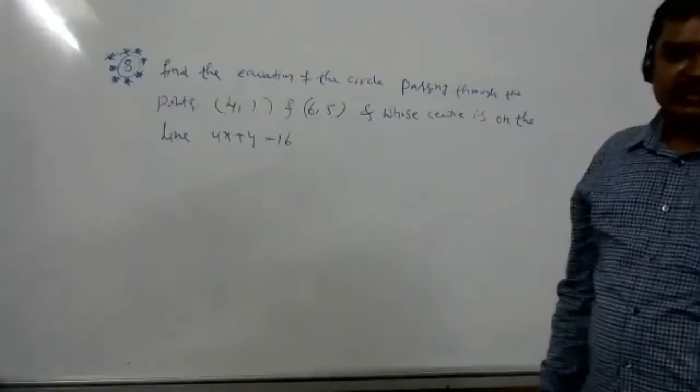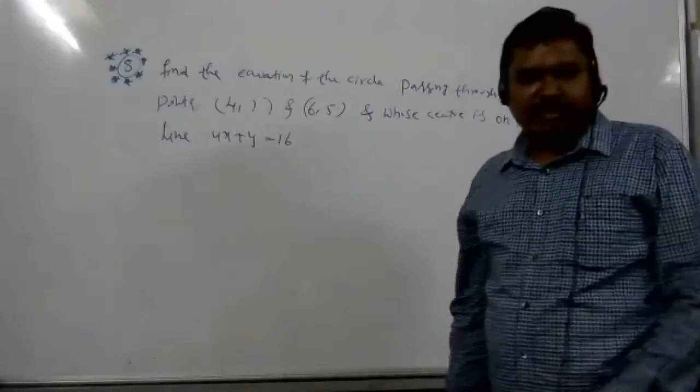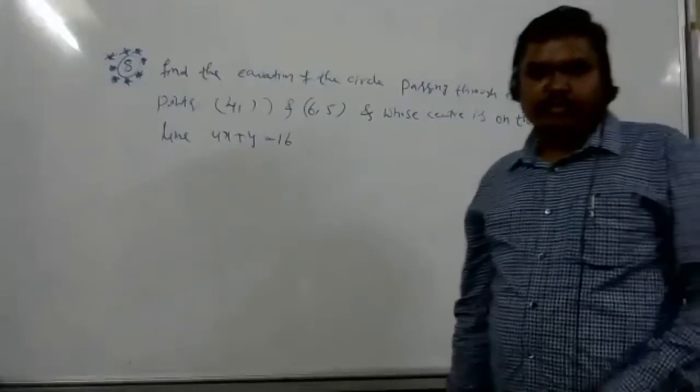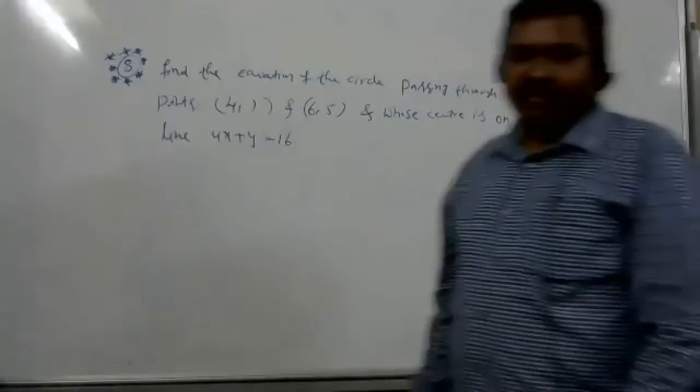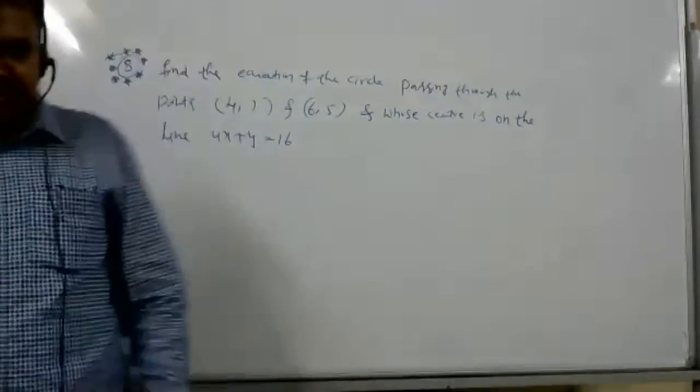Find the equation of the circle passing through the points 4, 1 and 6, 5, and whose center is on the line 4x plus y is equal to 16.